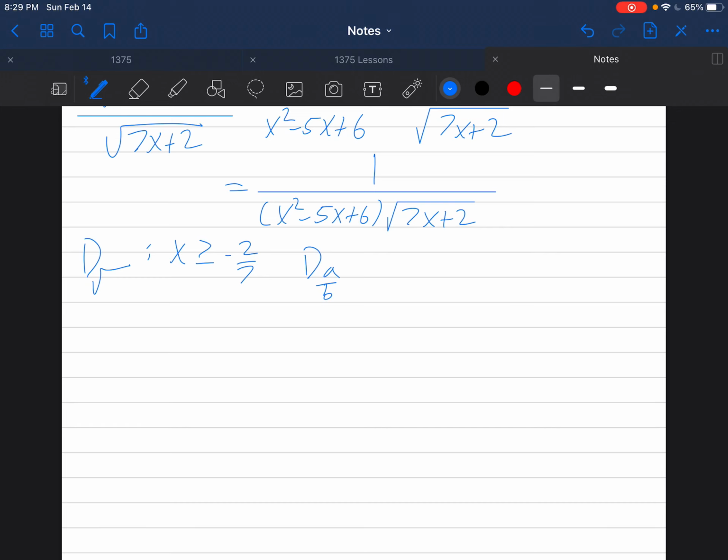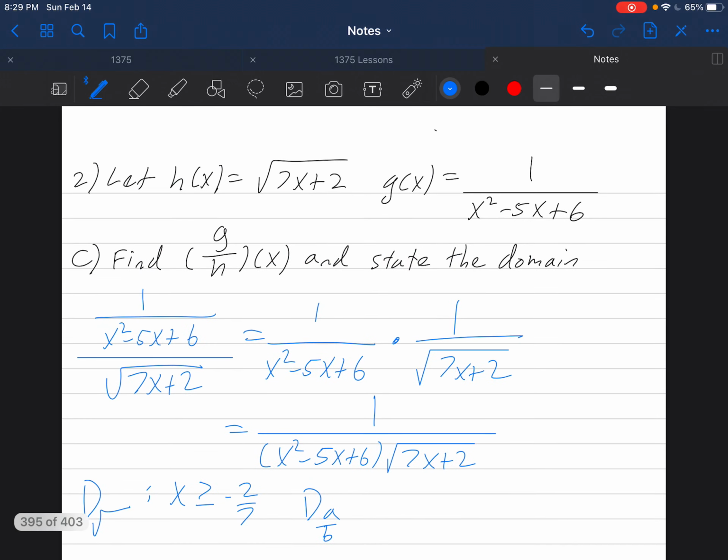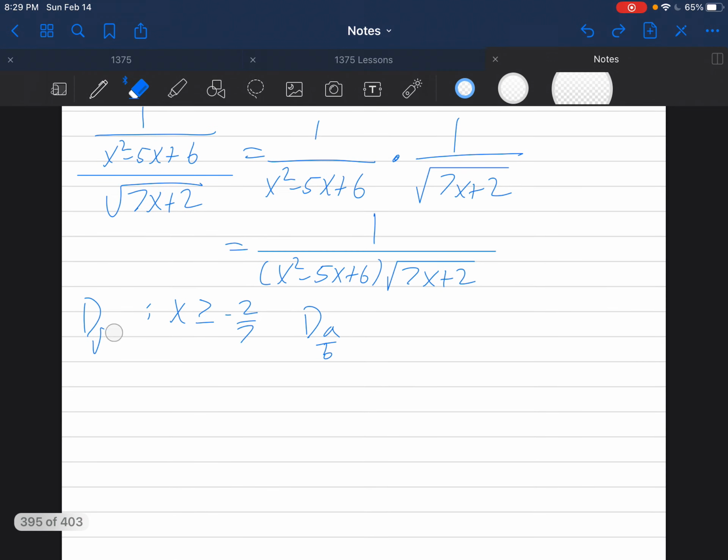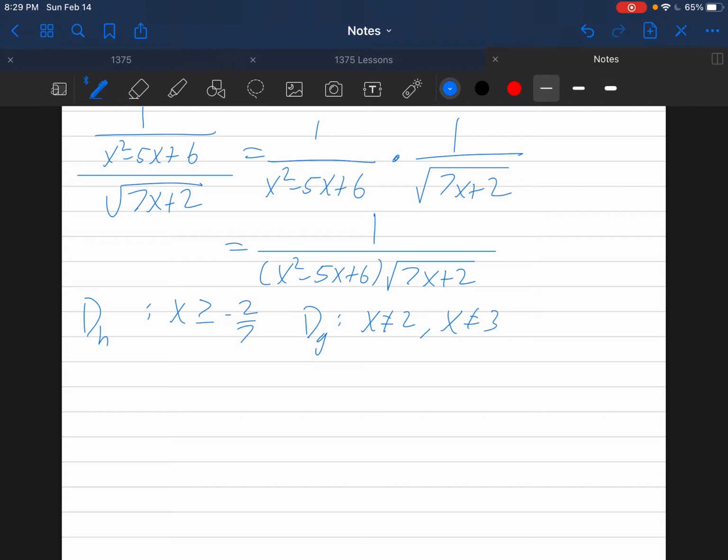That's the domain of h, and the domain of g cannot equal 2, cannot equal 3. Now, does anything differ because now this is in the denominator? It kind of does.